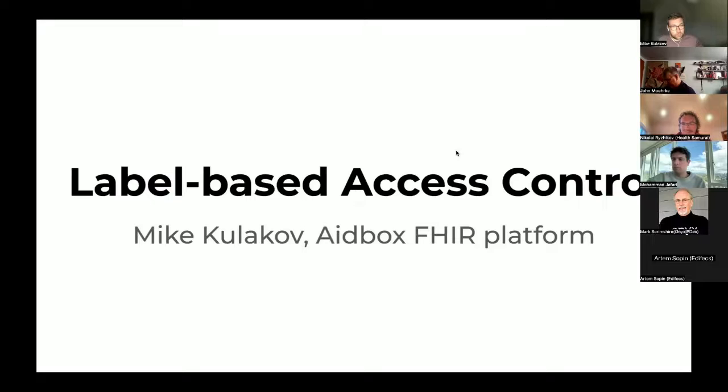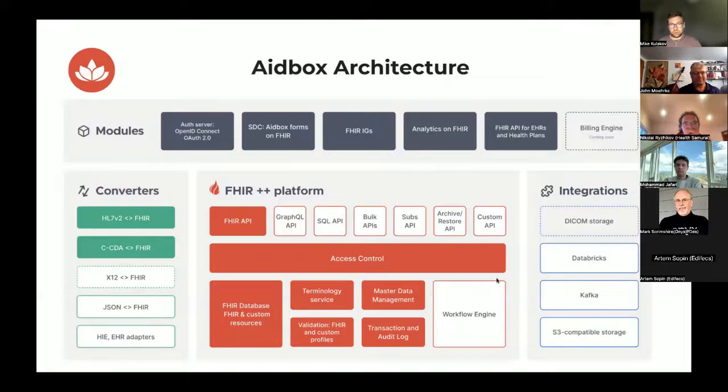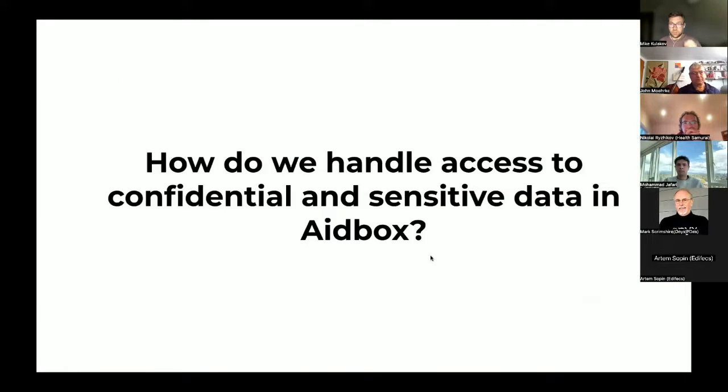That's great. So my talk will be mostly focused on the implementers' side of all this. We have recently introduced label-based access control in 8box. There's a story behind that I will tell you. 8box is a FHIR backend, and access control is a very solid layer of this. Historically, our customers used access policies to define access to the resources, and basically it's attribute-based access control.